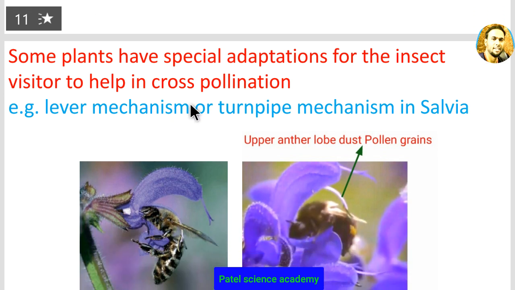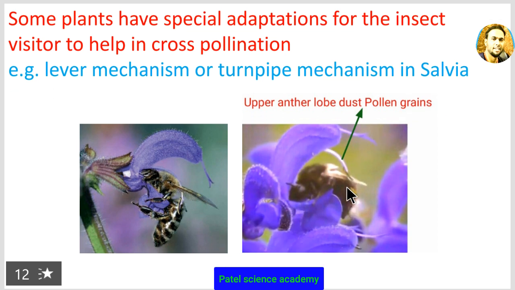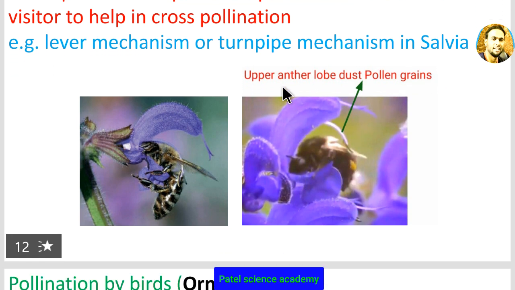Some plants have special adaptations for the insect visitors to help in the cross pollination, and those plants are showing the lever mechanism or the turnpike mechanism in the salvia plant. As you can see here, the upper anther lobe dusts pollen grains.